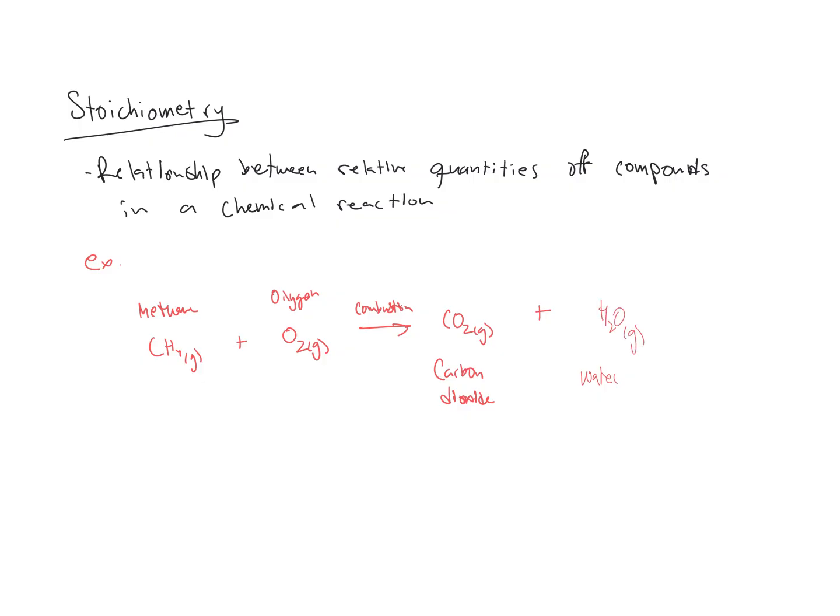Now, of course, this just tells us what we have at the start of the reaction and what we have at the end of the reaction, but we always must remember the law of conservation of mass. And so we have to have the same amount of everything at the start as the end. And so we should have 2 oxygens and 2 water molecules. So we have the same amount of carbon, oxygen, and hydrogen on each side.